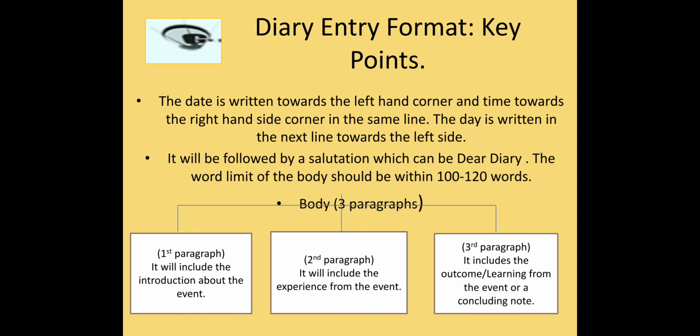The word limit of the body should be within 100 to 120 words. And the body is divided into 3 paragraphs. First paragraph includes the introduction about the event. Second paragraph includes the experience from the event. And third paragraph includes the outcome or learning from the event or a concluding note.